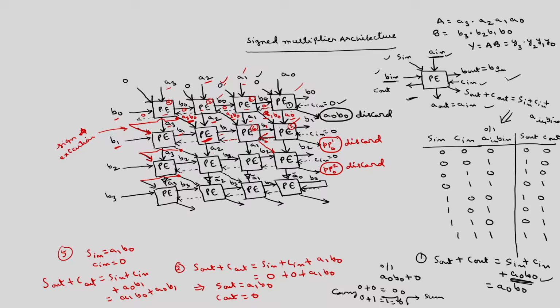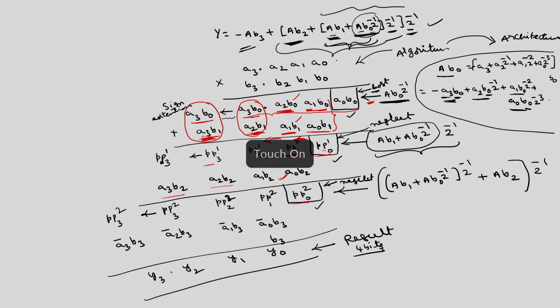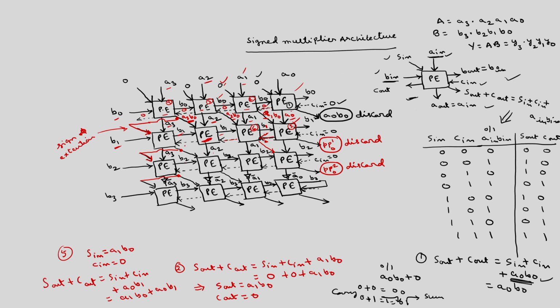So, this connection will be, this value will be PP31 and this will be PP22. This is PP31, this is PP22, you can easily check this.